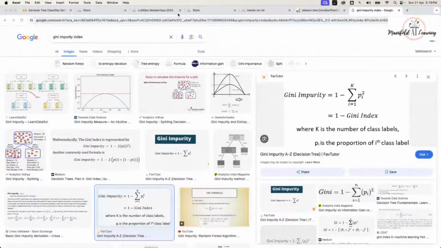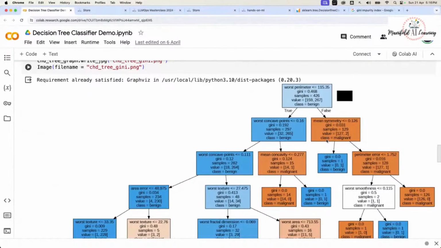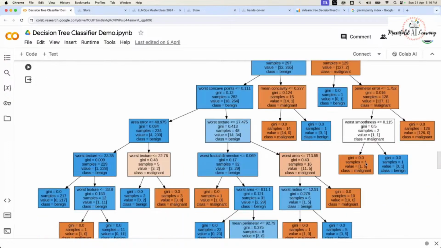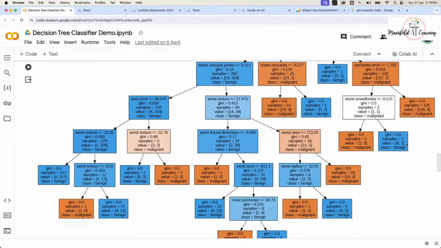Now with this intuition, if you take a look at the visualization, on top, this is my Gini impurity index on my original data. Then I performed the split, and as it reached the point where it has successfully split the data, the Gini impurity became 0. You can see that they are all leaf nodes.